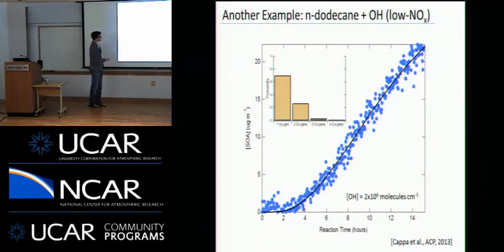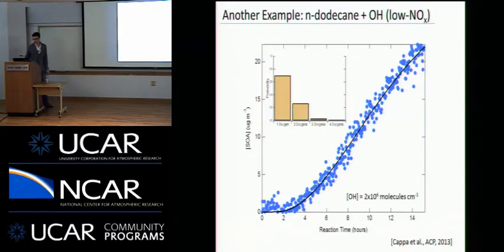Observations are the points, and our best fit is in black. Again, we can fit the data extremely well. We can look at our distribution of oxygens. In this case, we're predominantly adding 1 or 2, with some small amount of 3 and 4 being added per generation, per OH reaction, which again makes reasonable sense based on the chemistry that's going on.